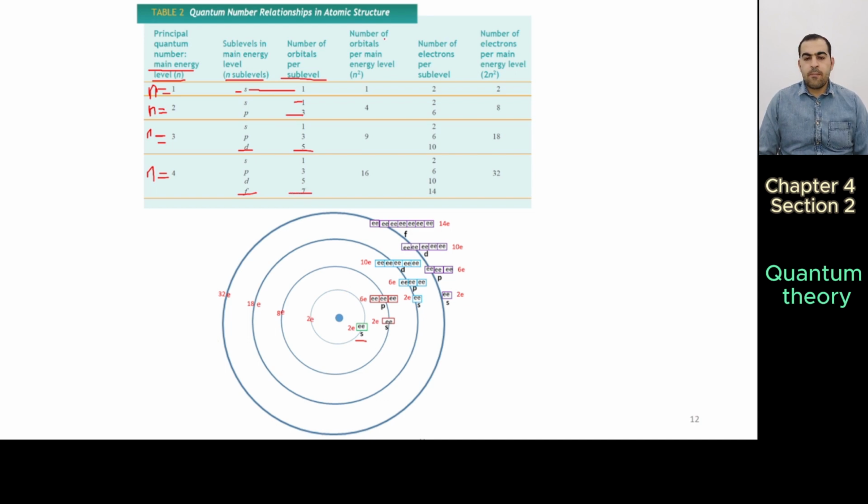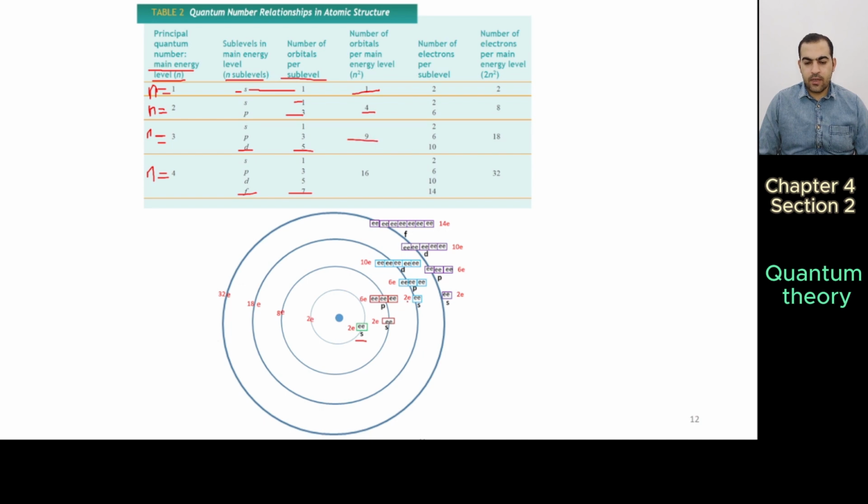Number of orbitals per main energy level. We want to know how many orbitals we have in each main energy level. First, we have only one orbital of S, so only one orbital in the first energy level. Second, we have one orbital of S, 3 orbitals of P, so maximum we have 4 orbitals.